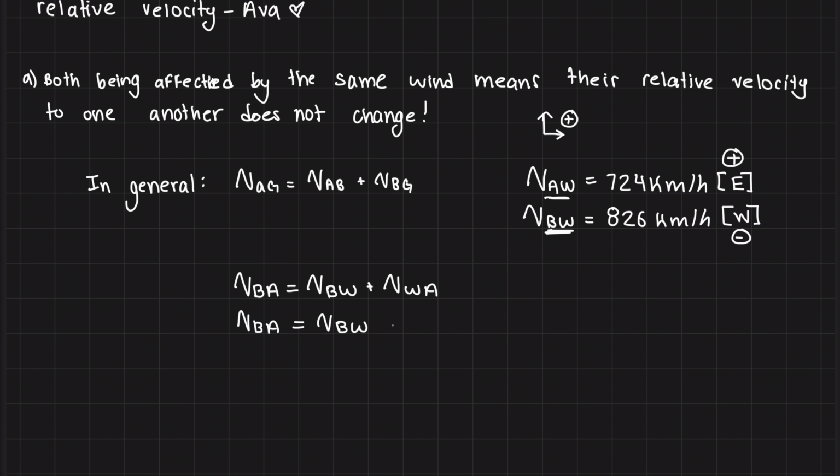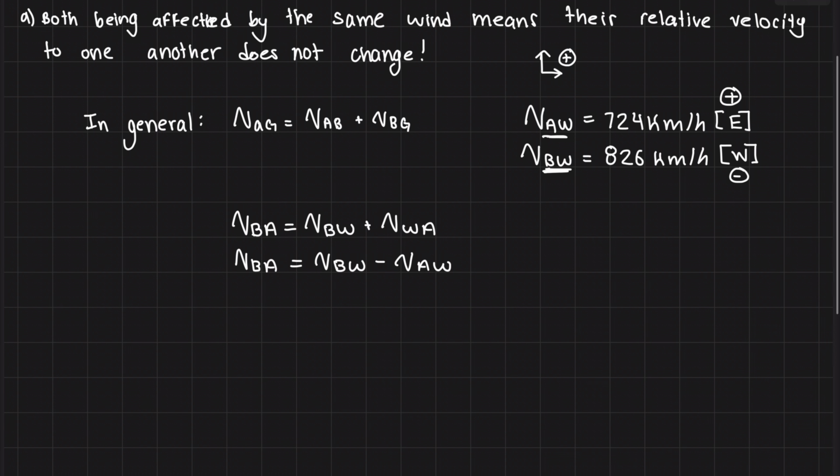We use that relationship here as well, where I turn VWA into negative VAW, because we can just flip the order of the variables, and that changes the sign before it into a negative. So with that said, let's write out our given information.